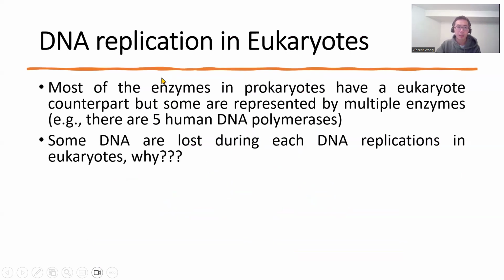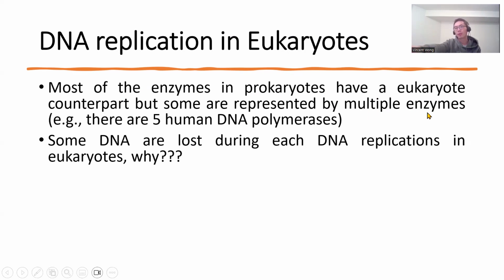Second difference. Most of the enzymes in prokaryotes have a eukaryote counterpart. What that means is, there's a helicase in prokaryotes, and there will also be a helicase in humans. There is a ligase in prokaryotes, and there will be a ligase in humans as well. But sometimes the enzymes are represented by multiple enzymes.